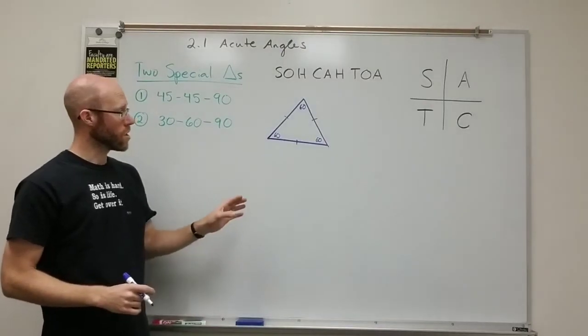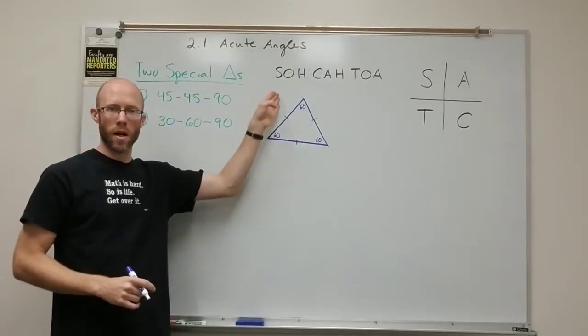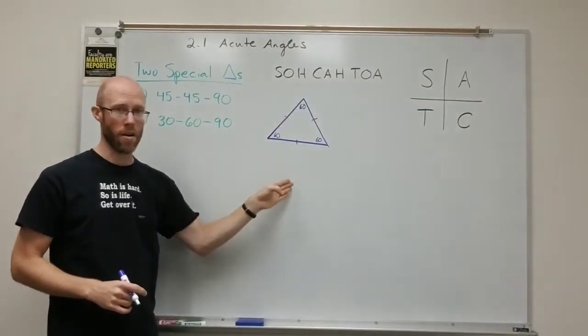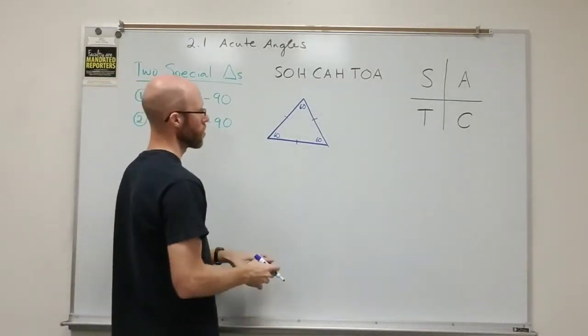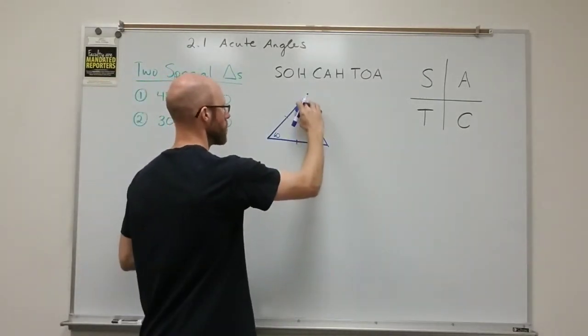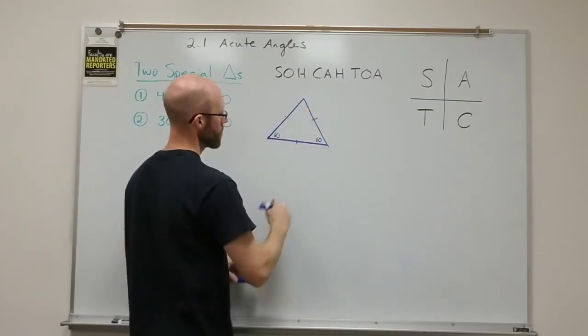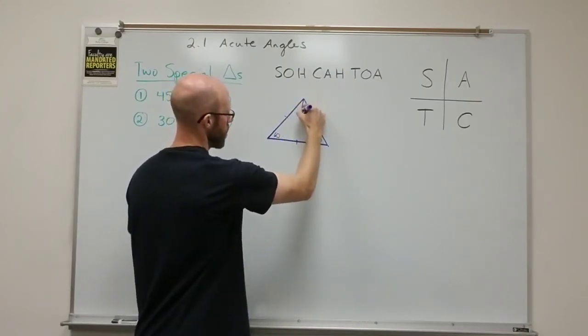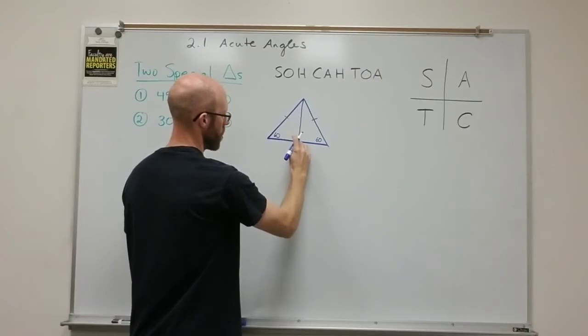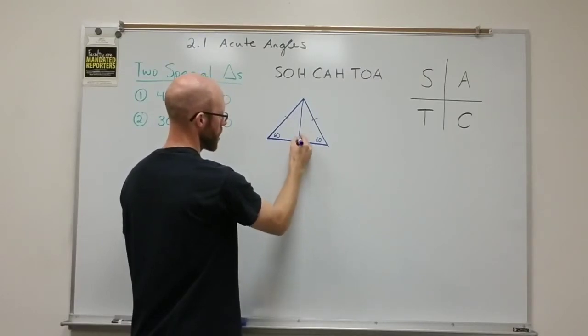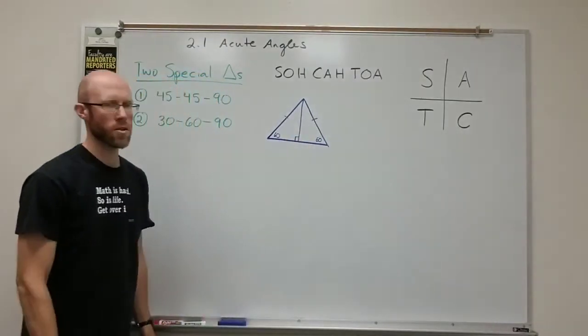Okay, so imagine for a moment cutting this triangle in half vertically, or from one vertex down. I'm going to erase the 60 degree angle there, and I'm going to draw a perpendicular line to the other side.